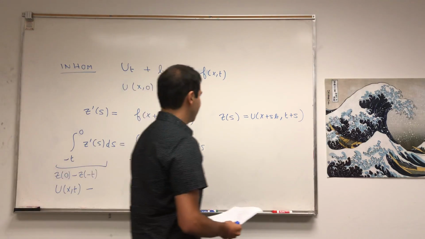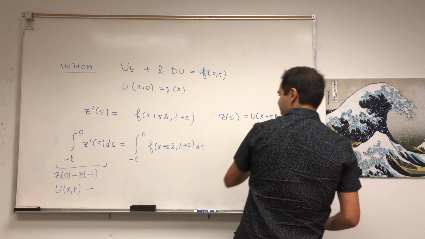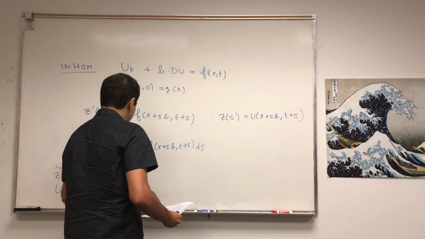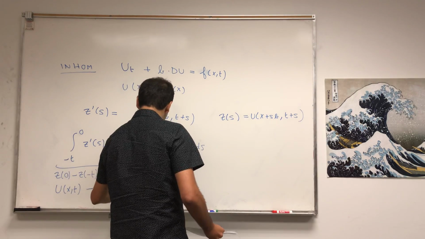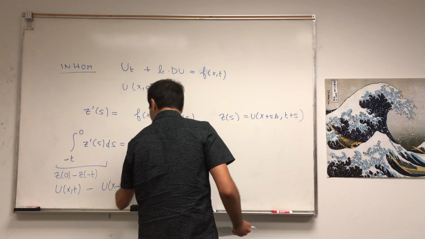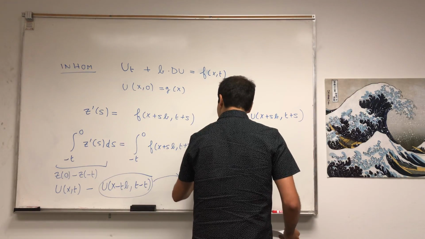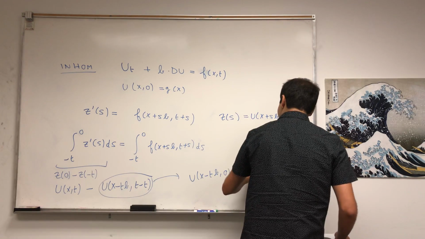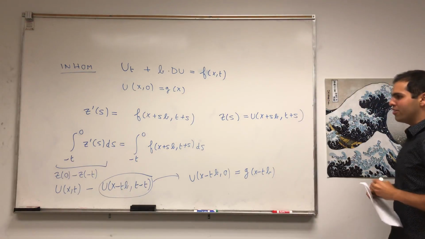And minus, if you set s equals minus t, that becomes u of x minus tb, t minus t, which becomes u of x minus tb, 0, which is g of x minus tb, just as before.